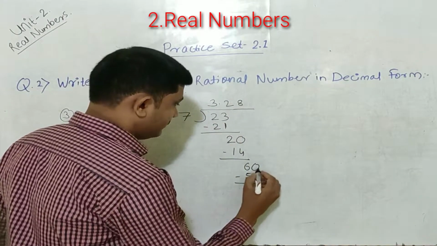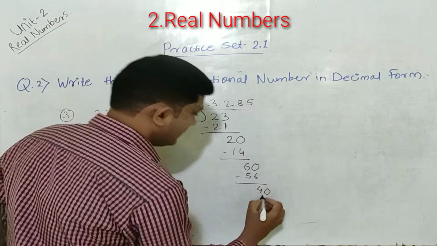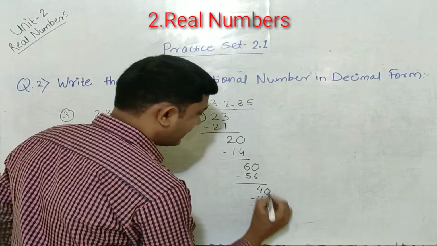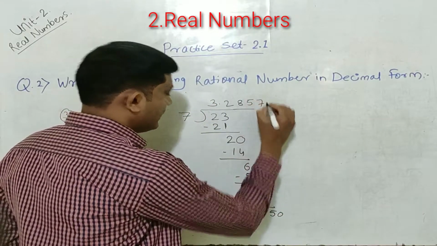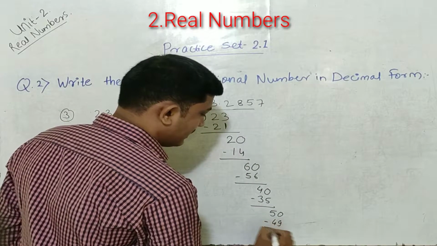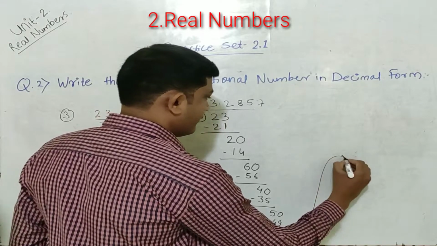Take 1 0. Again 7 5s are 35, remainder is 5, take 1 0. 7 7s are 49, remainder is 1, take 1 0. We'll carry on.